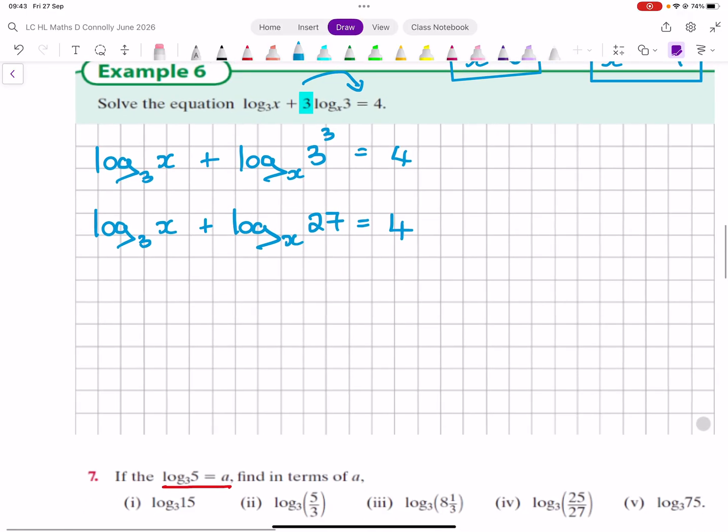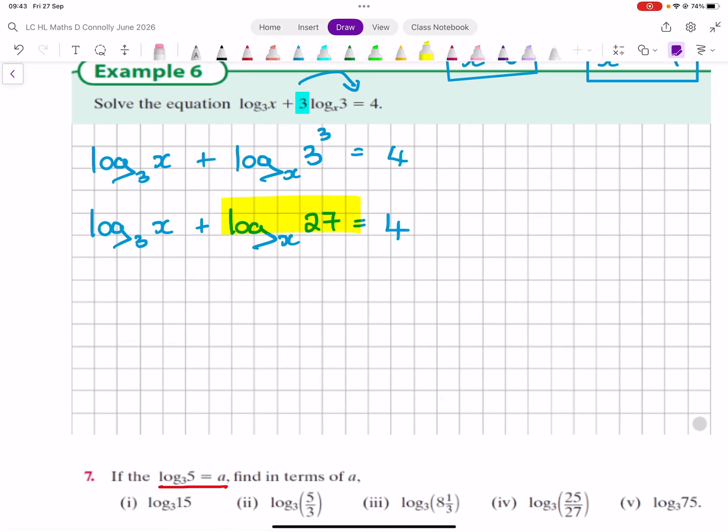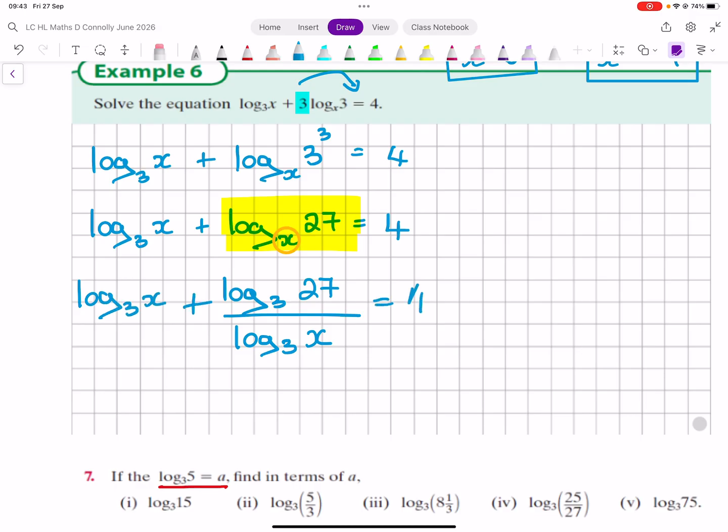Now, I need this base to be a 3. So I want the base to be a 3. And the top bit, oh, it's going to put my x in the bottom. Okay. Right. Oh, that's a 4.